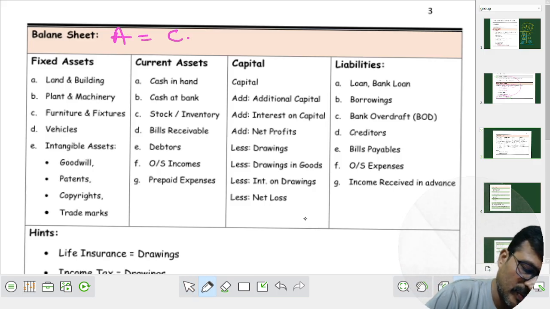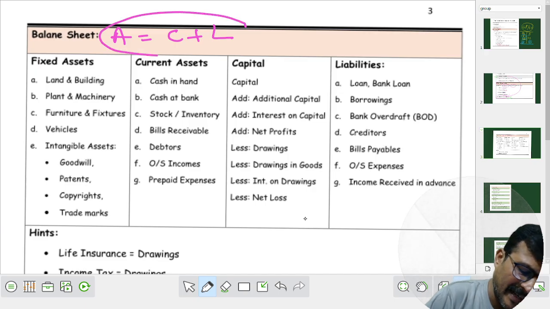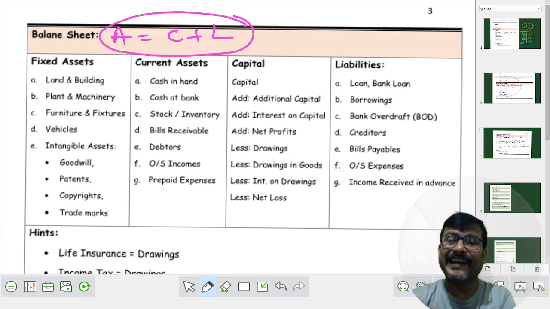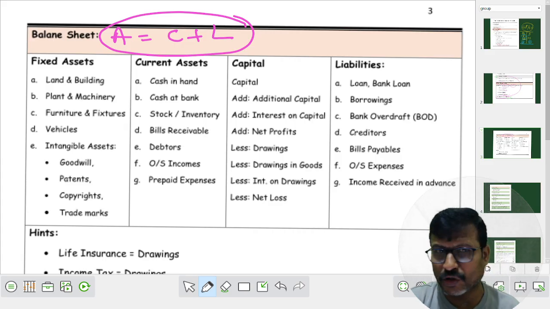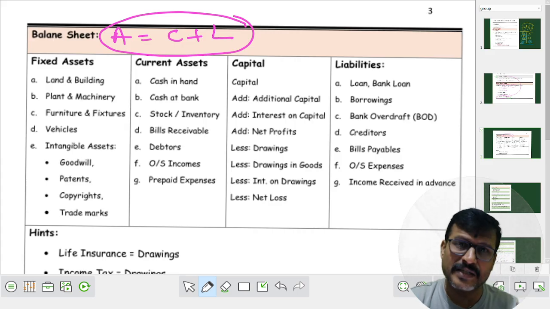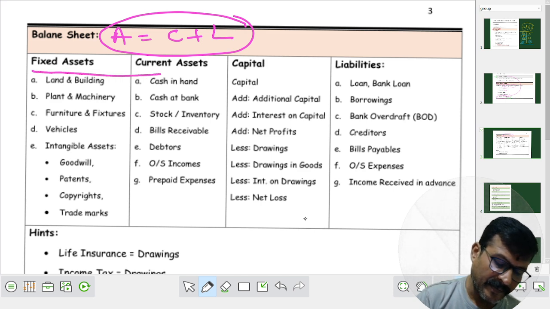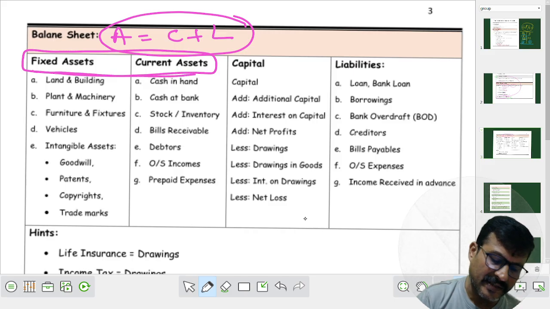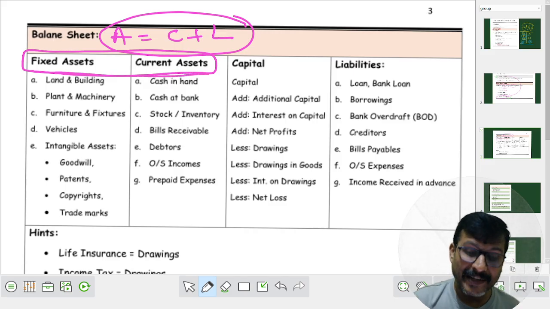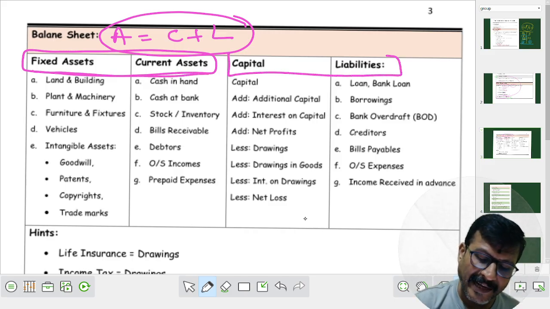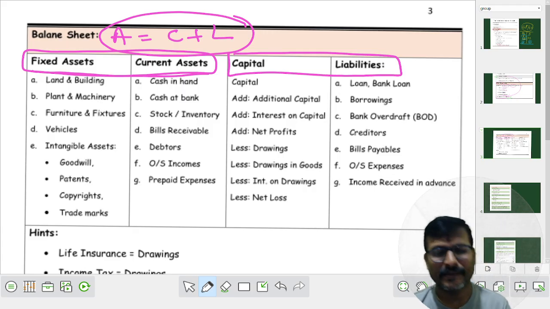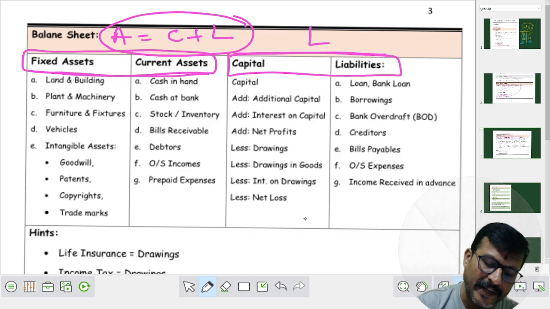Assets is equal to capital plus liabilities, or liabilities plus capital. Both are one and the same. See, assets include what? Two things: fixed assets and current assets. The liability section includes what? Capital and liabilities. These two come under the liability side, these two come under the asset side.